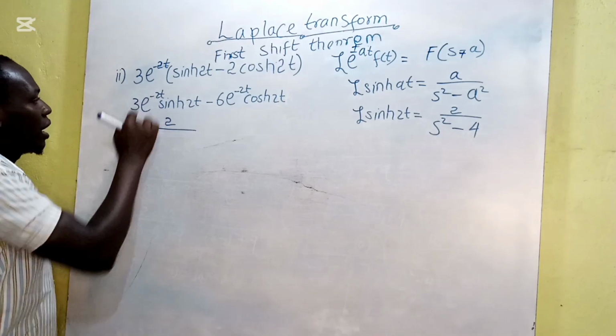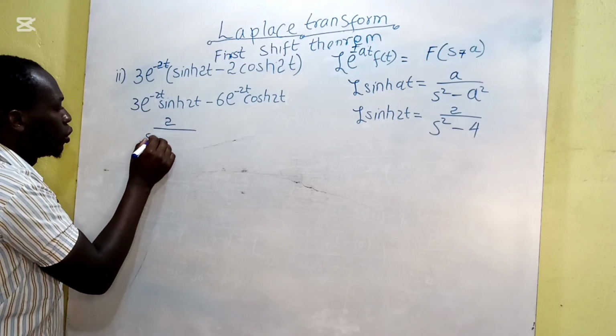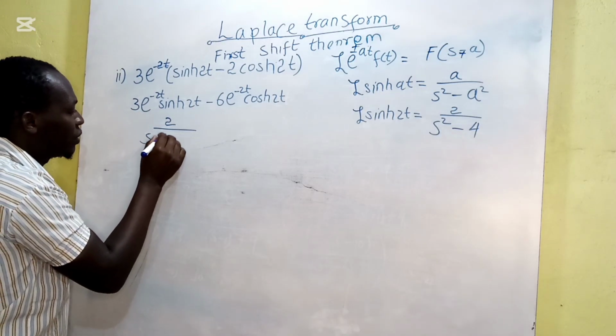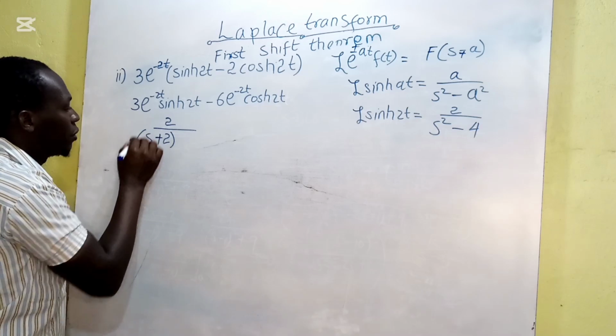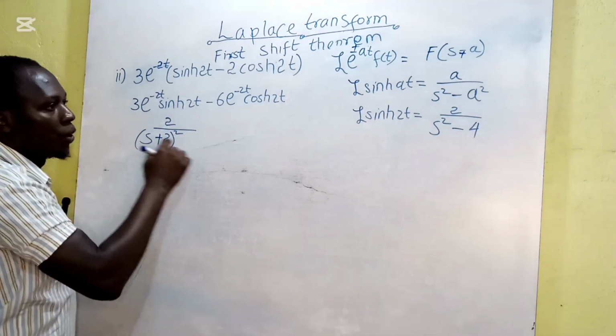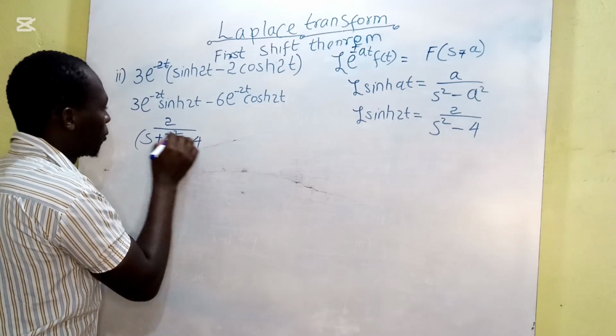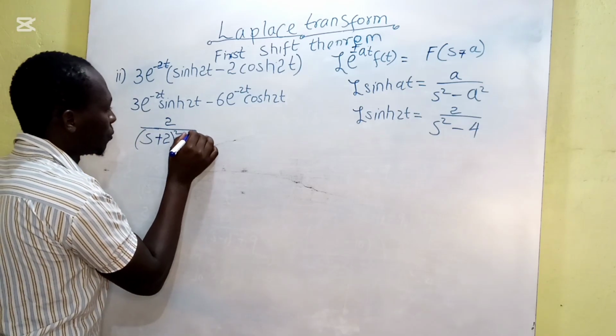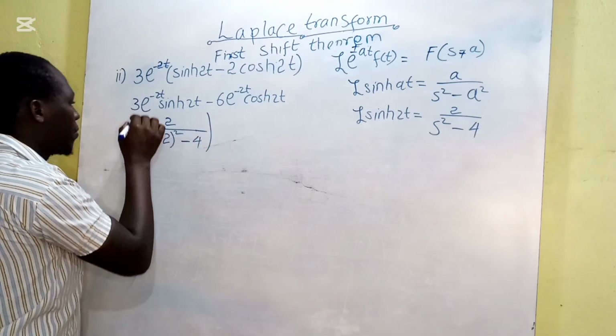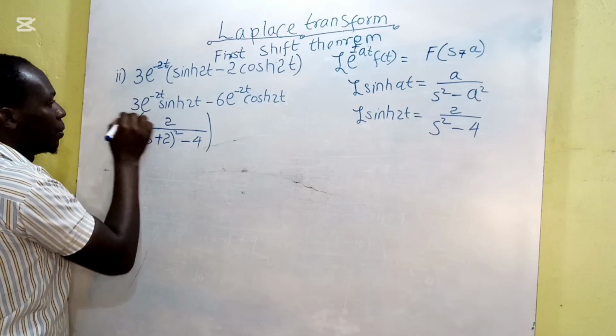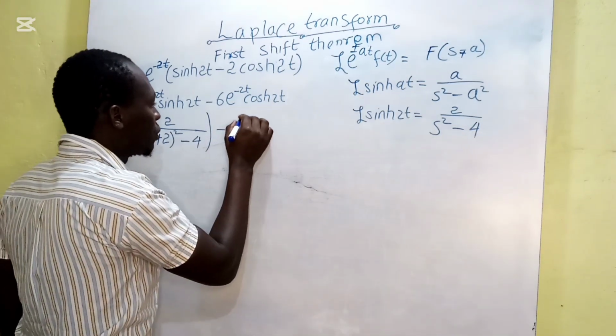So here we are going to shift with respect to a positive of 2, everything squared, we come and subtract 4. Everything we multiply by 3. We subtract 6.